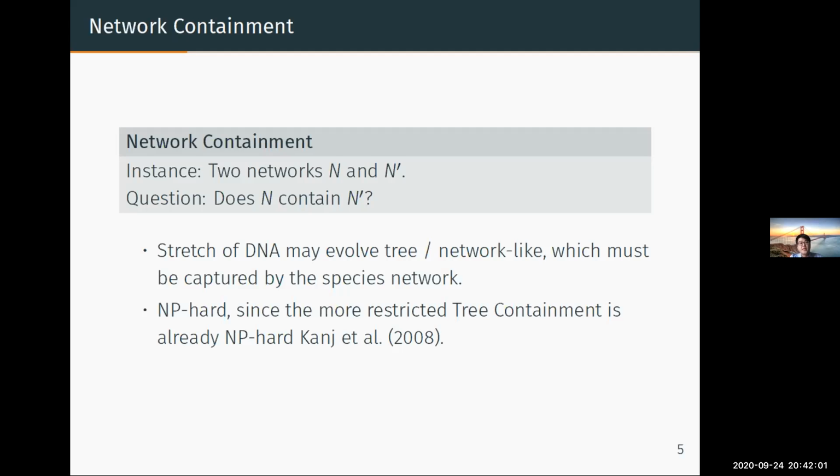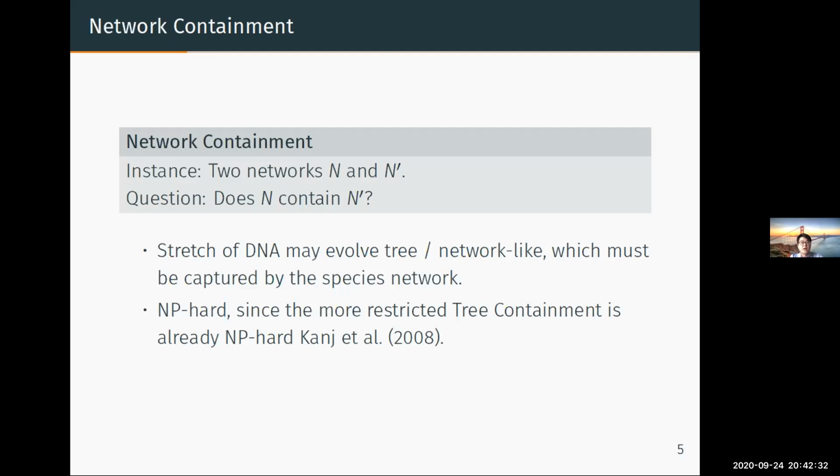But what you really want to check is that the species network that you have describes the evolutionary history of these small stretches of DNA. So you really need that these genes that evolve tree-like or network-like are actually contained in the species network. And so for that reason, this problem is relevant in biology.